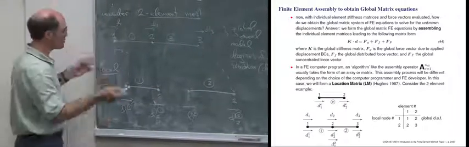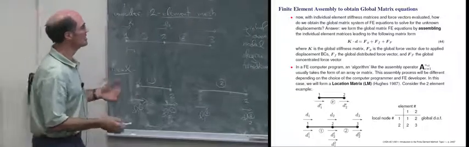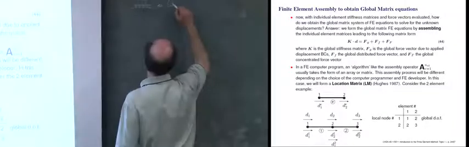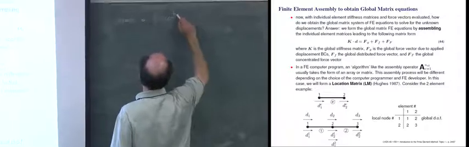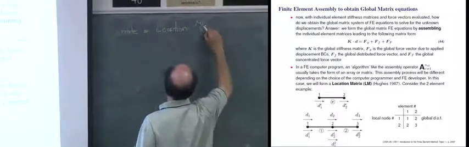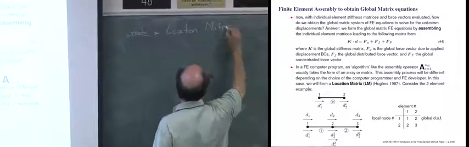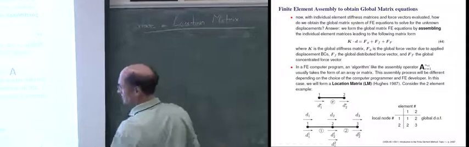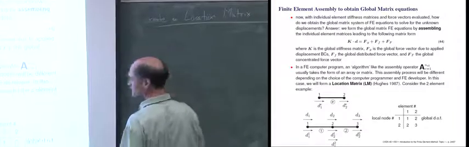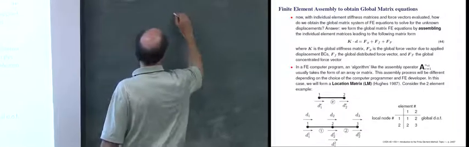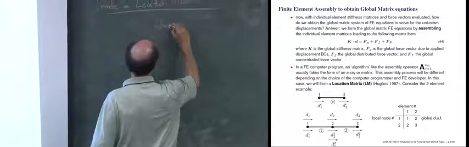Okay? So with all this confusing machinery, what we eventually do is we create a matrix to hopefully make it simpler. So we create a location matrix like this. So what we do, and it's right here, is it's a matrix. So what we have is we have the element number.